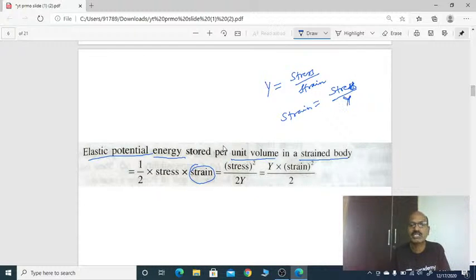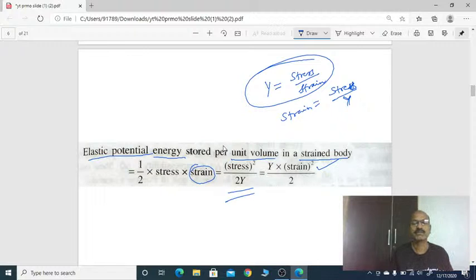Then you will get stress square by 2Y. So keep this in formulae, or if you place in place of stress you can keep strain into Y, you will get strain square Y by 2. Anyway, use this Young modulus formula, substitute, and you will get this elastic potential energy stored per unit volume.